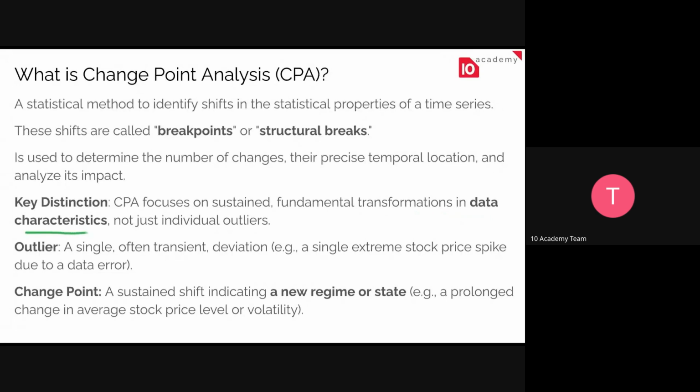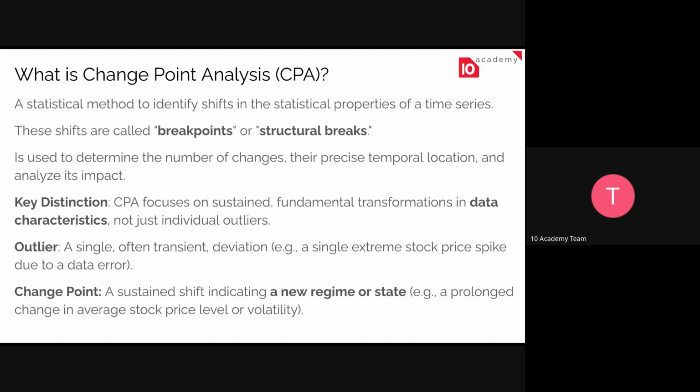An outlier is most of the time a single, often transient deviation, like a single extreme stock price, a single extreme height, or a single extreme age. Change point analysis focuses on the long-run change in the statistical property of the time series.